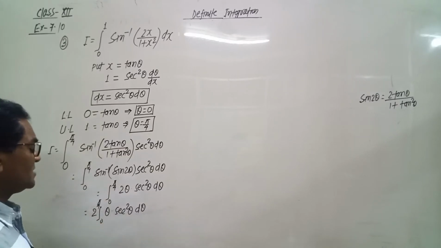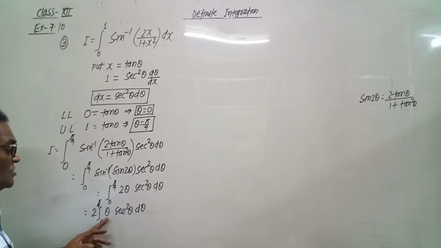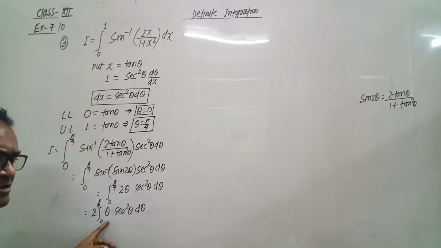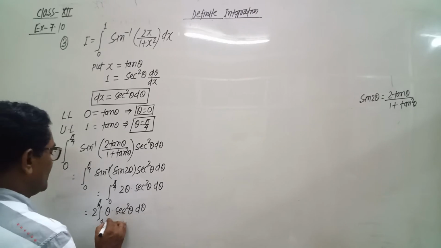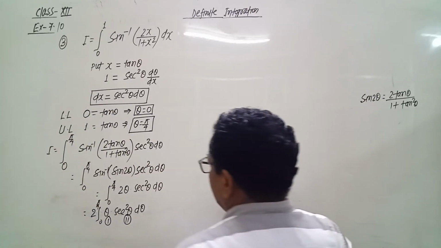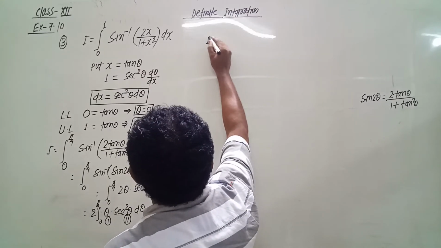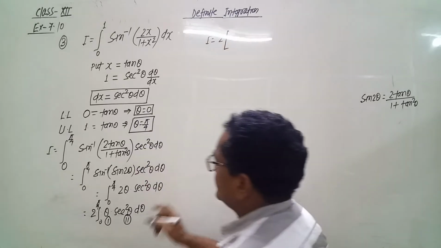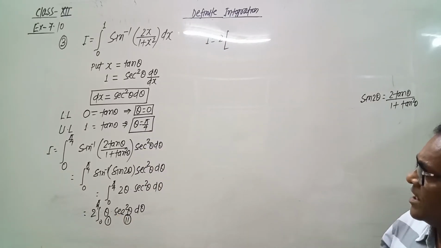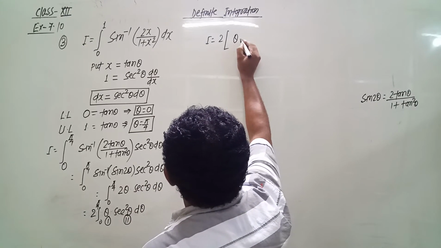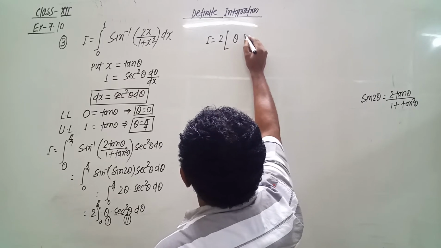Now we integrate. We use the rule ILATE. So theta is written as an algebraic function, so we take it as the first function and sec square theta as the second function. So I equals to 2 outside. We use the product rule, integration by parts. So first function into integration of second.